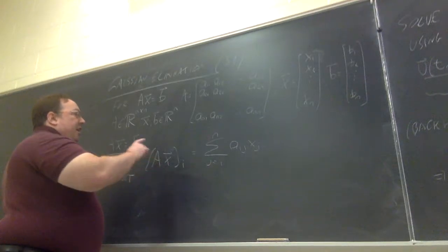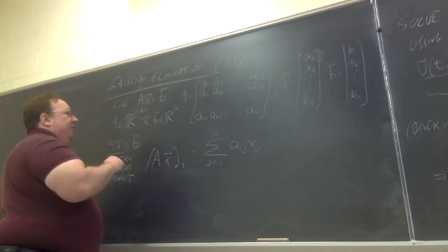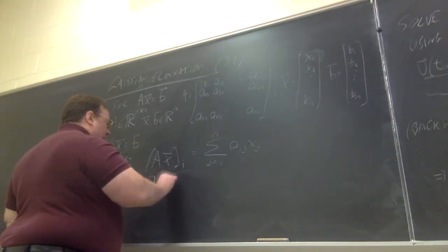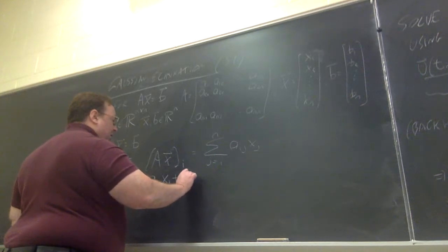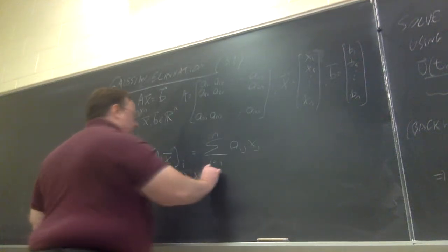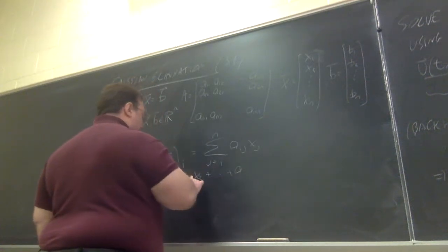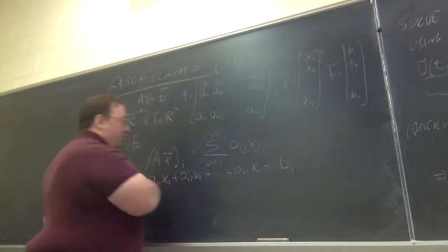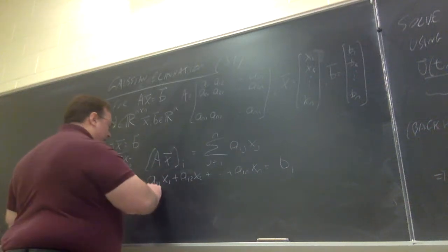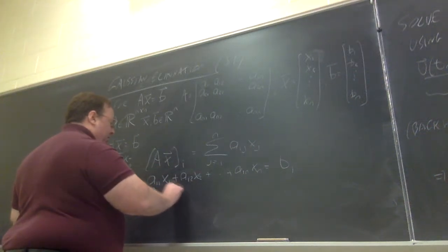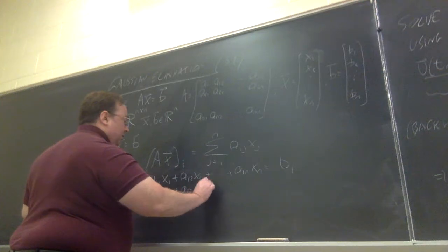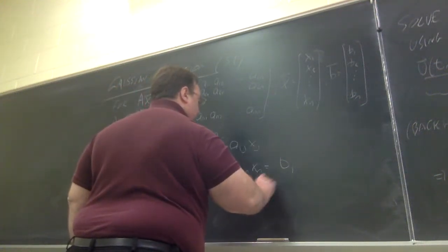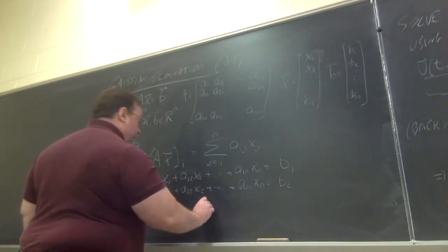Now, if I were to write out the system of equations in a laborious entry by entry form, there's a first equation from a system Ax equals b, and then a second equation, all the way to the last equation.